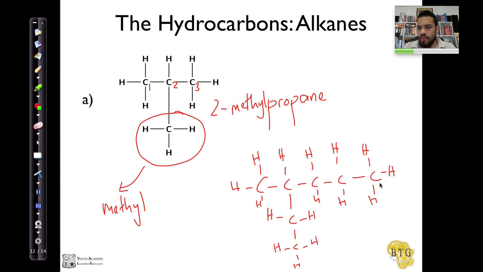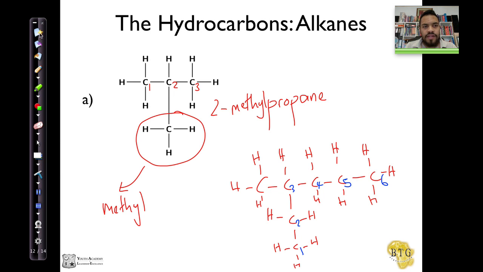What about this side? 1, 2, 3, 4, 5, 6. Well, there's 6, right? So I'm going to number from this side so that it's closest to that side chain, because we want to put the side chain on the lowest possible number. So that's 1, 2, 3, 4, 5, and that is 6.